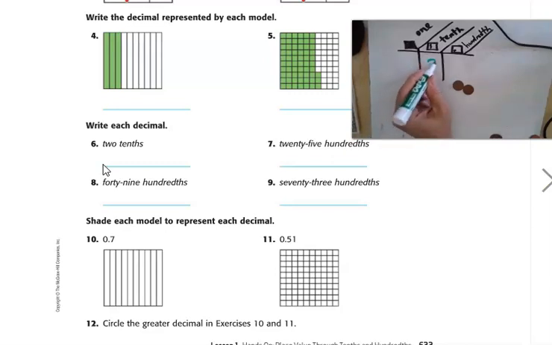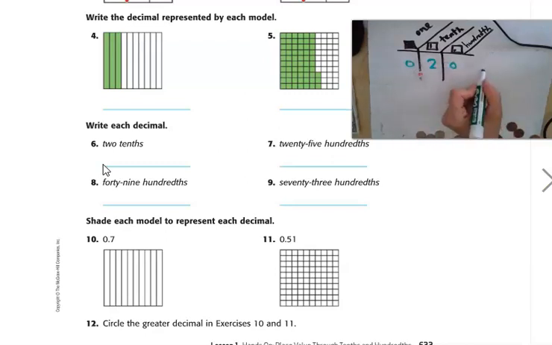So 2/10 would go here, and everything else would be zeros. So I could write it 0.20, and that's totally fine. If it helps you, you can do it that way. That helps you remember that it's actually dimes and not pennies. You can also write it 0.2, because when you're to the right of the decimal, the zeros at the end don't matter. So that's how I would write 2/10.